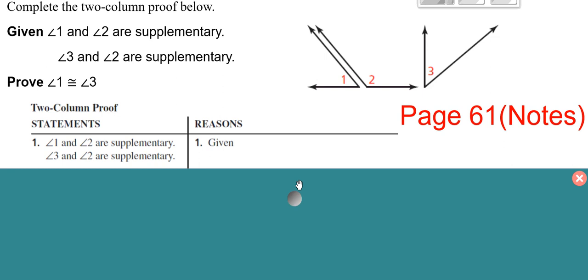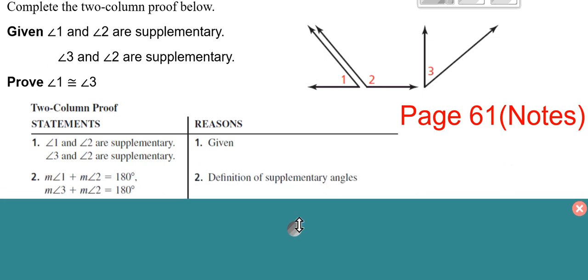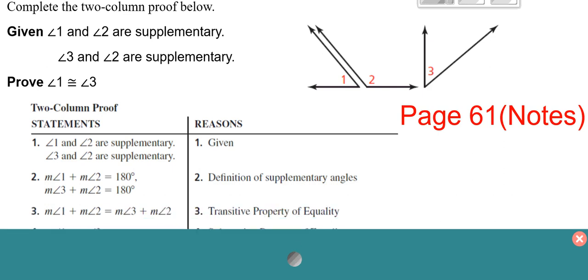Again, if I see words like supplementary, there's a good chance I'm going to use that definition of supplementary next to make a mathematical statement. As I see that they're both equal to 180, we should be getting a sense of some patterns that we recognize with these proofs, that we're going to use our transitive property of equality.